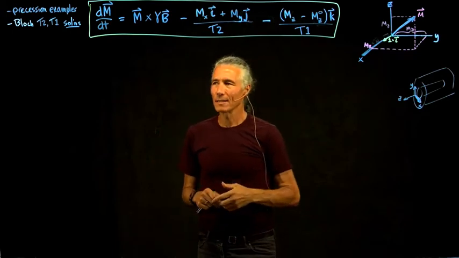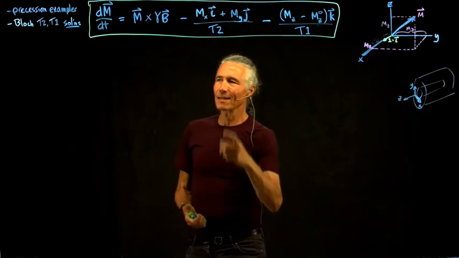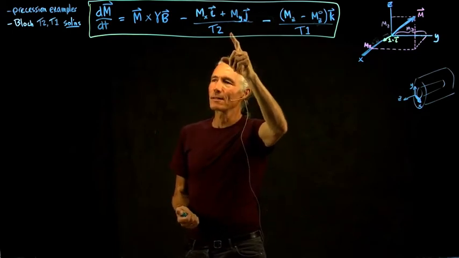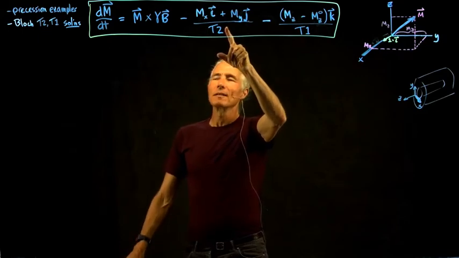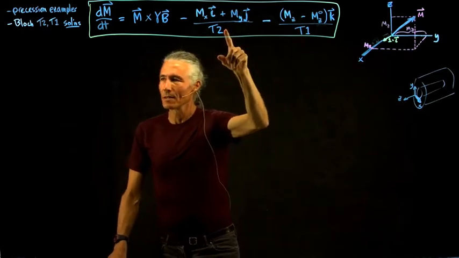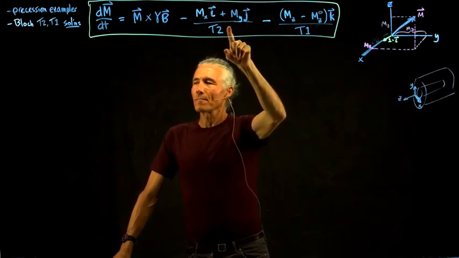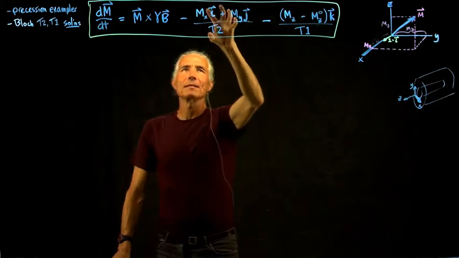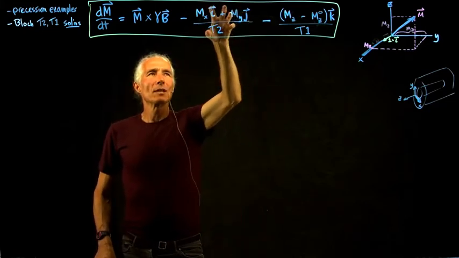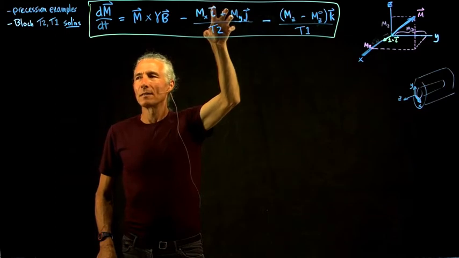So that's a time. Why is that time in the denominator? Just think about it. If this time is large, then you're dividing by a large number. And what does that mean? That means the amount that you change the vector is small.